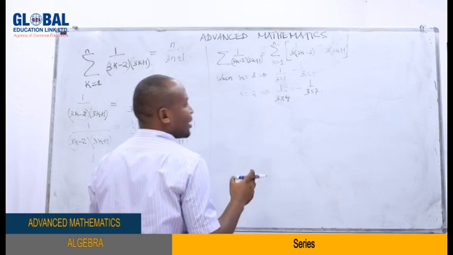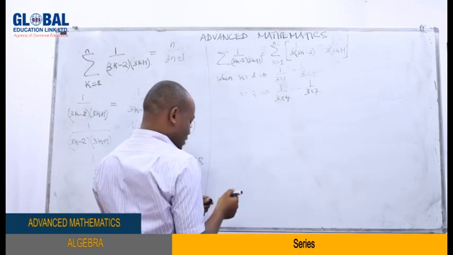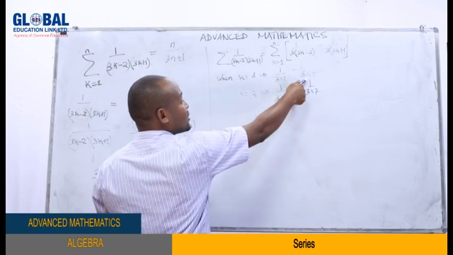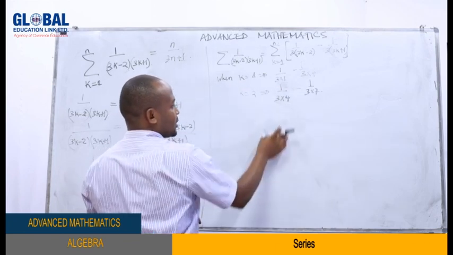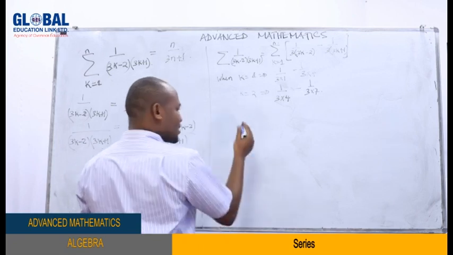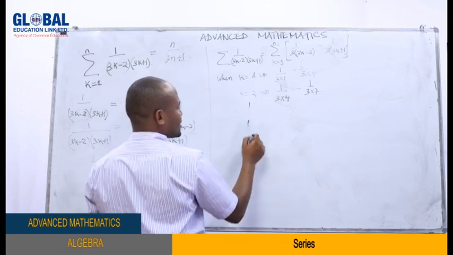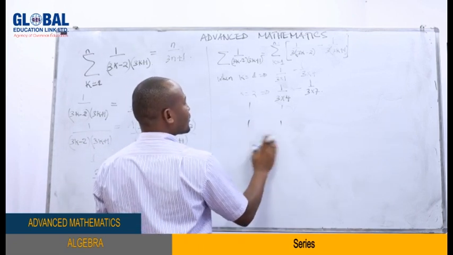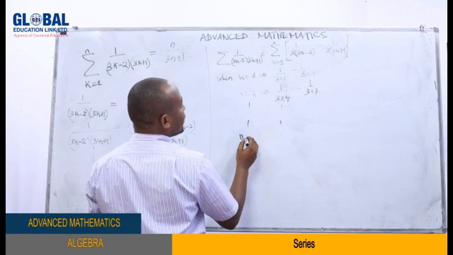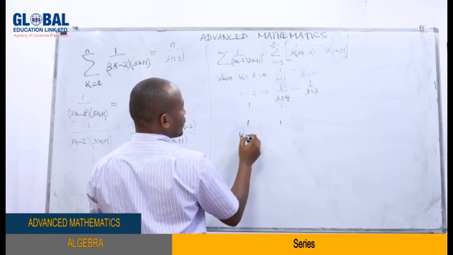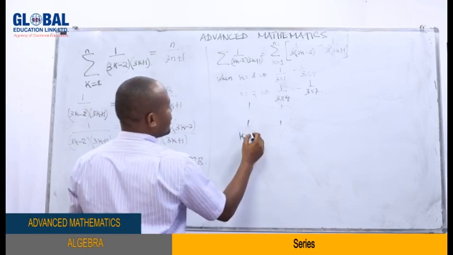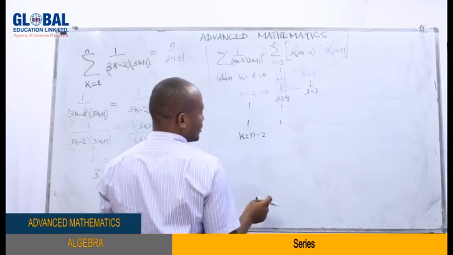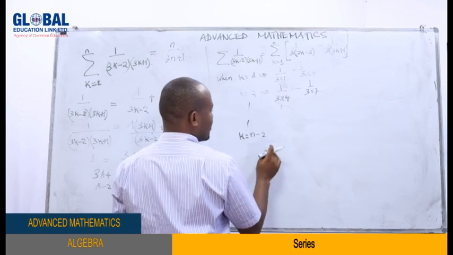But be careful. If this and that resemble, that means this will cancel that one. So as the rest of the series. Now let's go to where it ends. Let's say when k is equal to n minus 2.